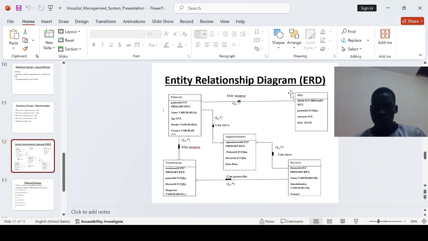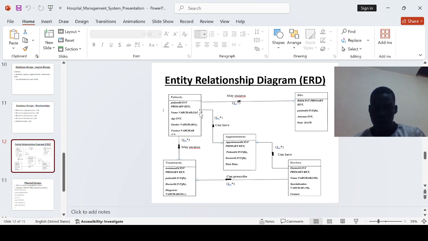Entity relationship diagram. When we look at this entity relationship diagram, it gives us the details of how each of these entities interacts. These are all one-to-many. The interpretation here is based on the arrow, where this is the description of the relationship.